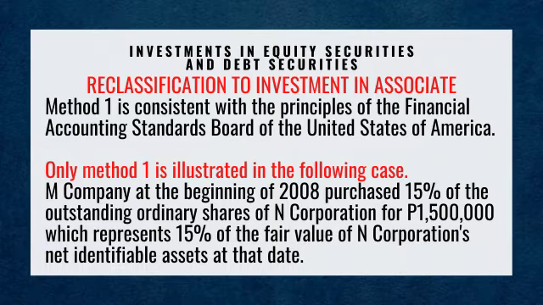M Company at the beginning of 2008 purchased 15% of the outstanding ordinary shares of N Corporation for 1,500,000 pesos, which represents 15% of the fair value of N Corporation's net identifiable assets at that date.